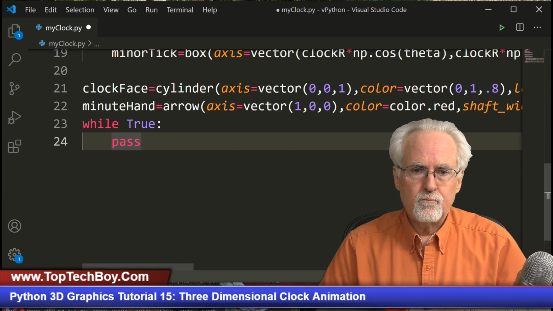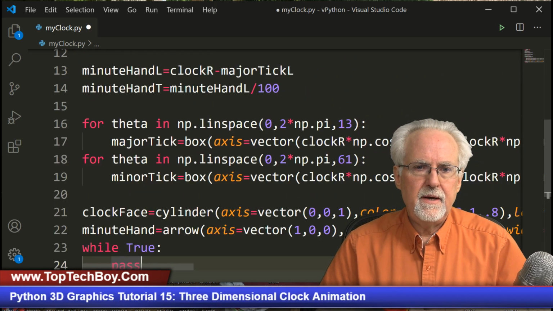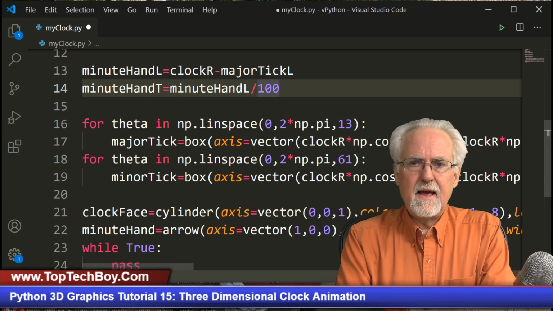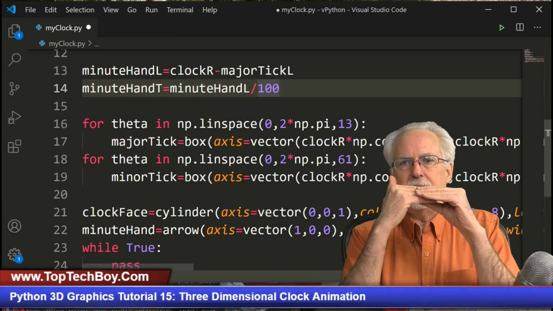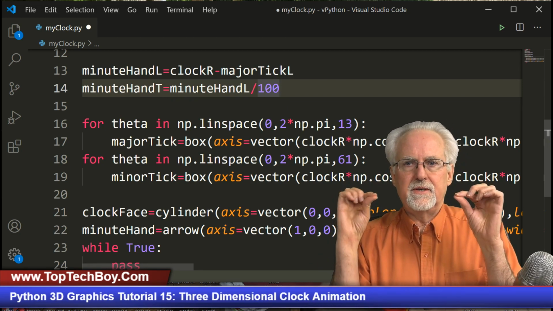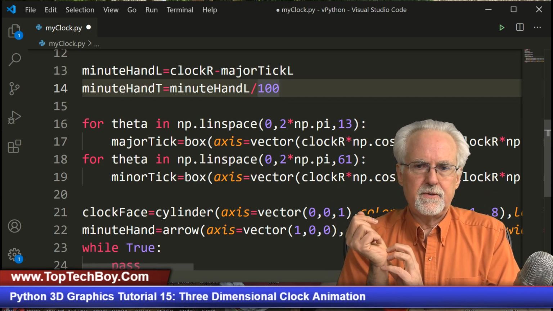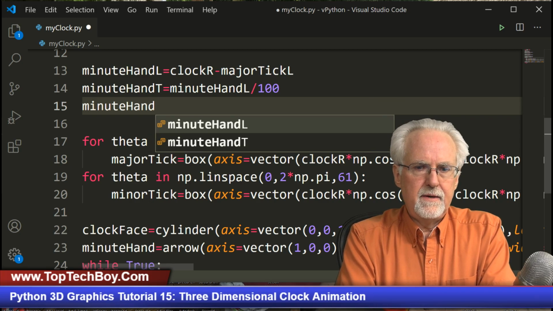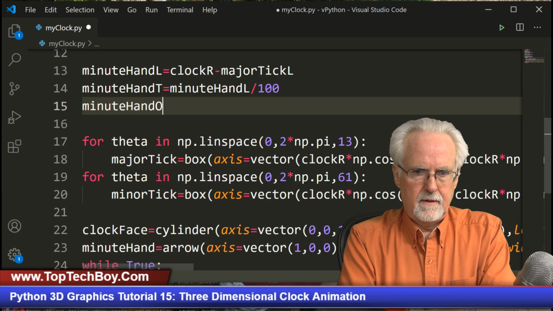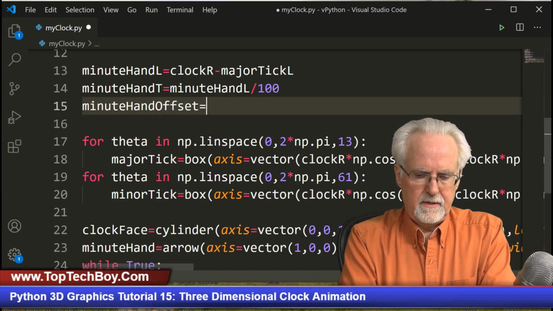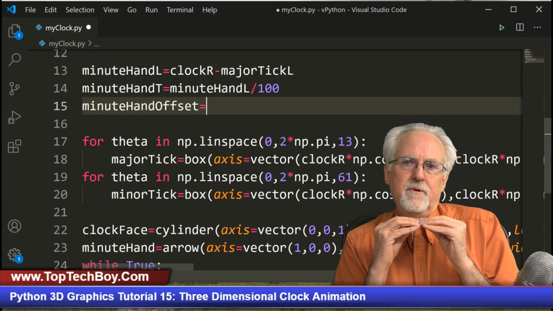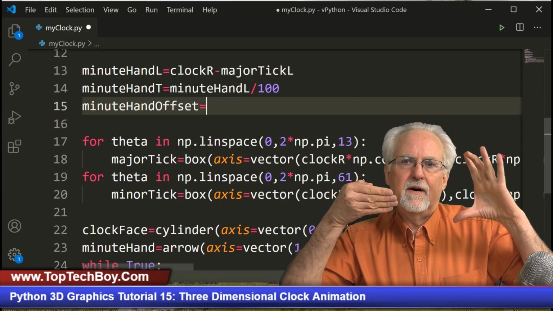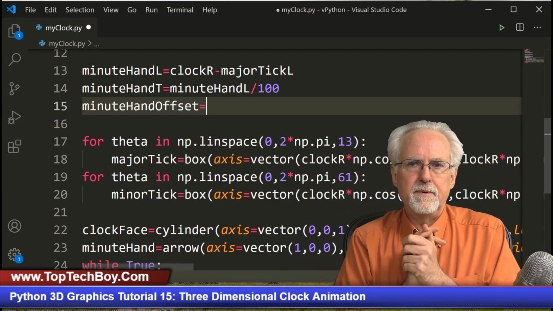We're also going to need a minute hand offset, because if I just put it at the origin, it's going to be inside the clock face, right? So I need a minute hand offset, and I've got to move, like if this is the clock face, I've got to have the hand out a little bit.